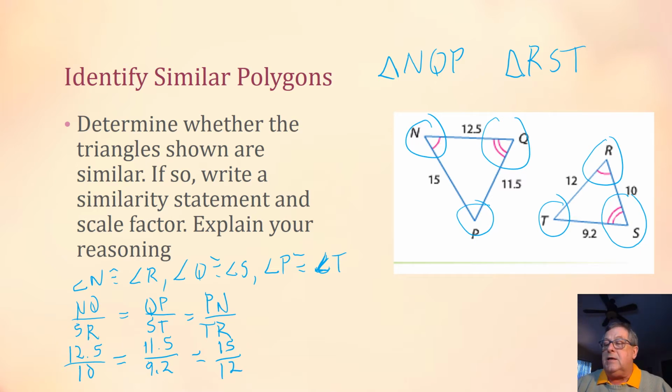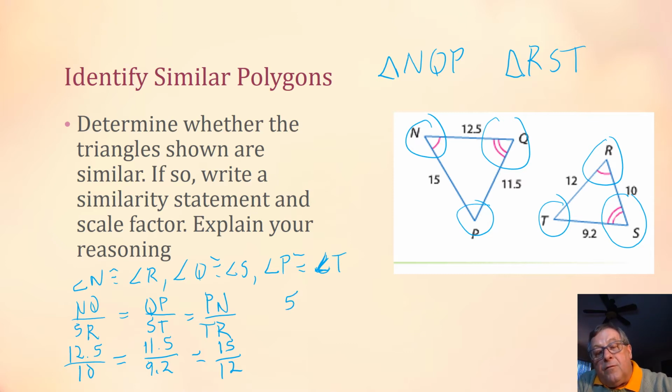All right, let's see. Maybe I could probably do this without my calculator, but let's go ahead and put this in here. So I'm going to put 12.5 divided by 10, and that gives me 1 1/4, but I want to see that as a fraction. And that is going to be 5 over 4.